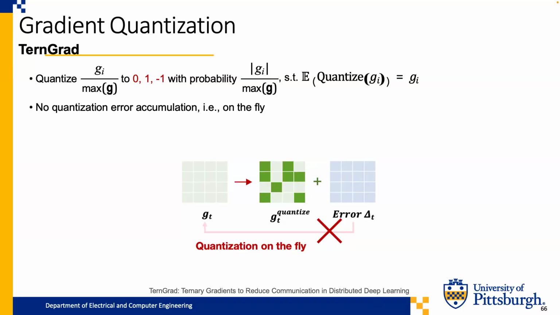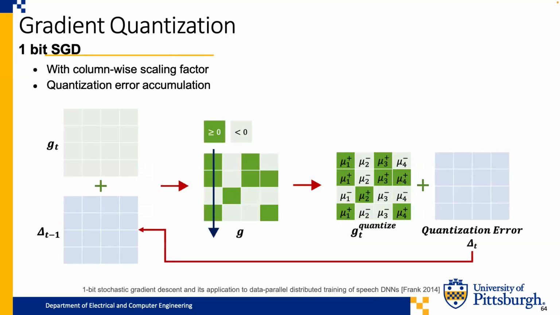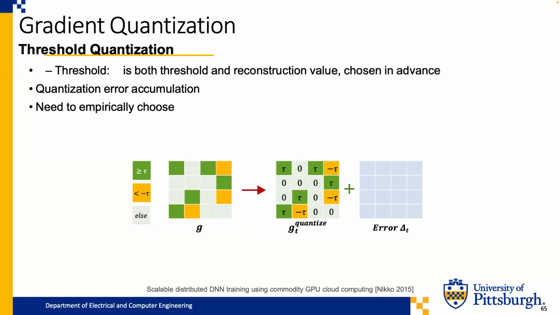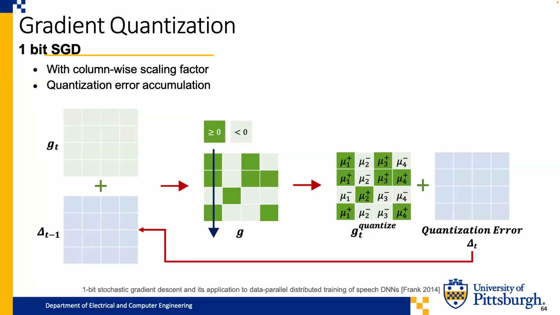TernGrad is also a very interesting idea. For these two, the 1-bit SGD and the threshold quantization, all these errors need to be kept accumulating in the local worker, accumulated with the new gradient, and doing this over and over again.